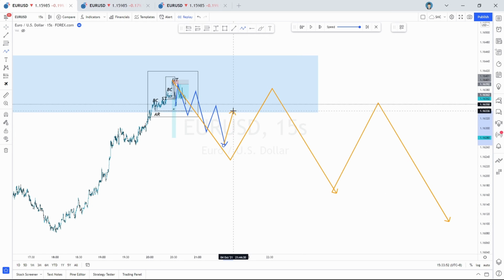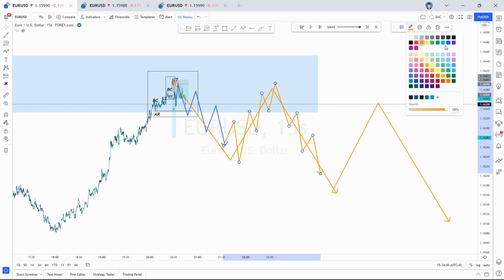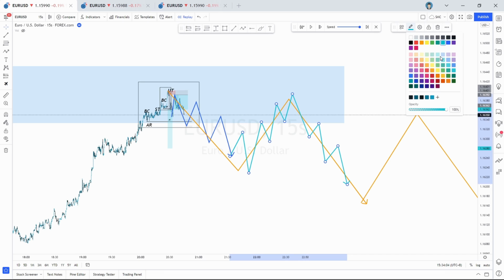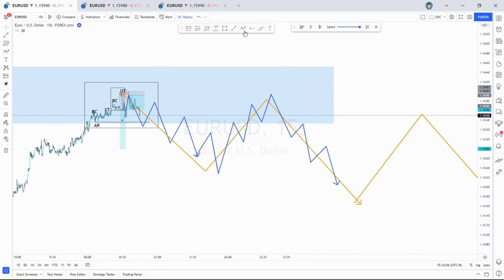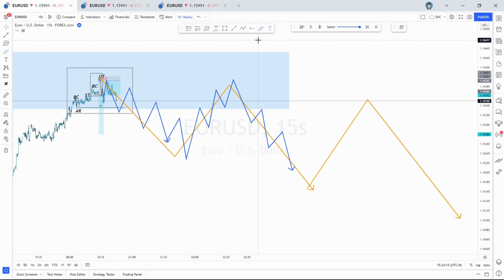So as you can see, price breaks, continue, and continue. Let's say this blue line here is the 1 minute structure, and this orange line here is the 15-minute or the higher time frame.